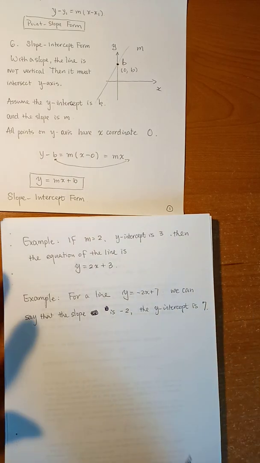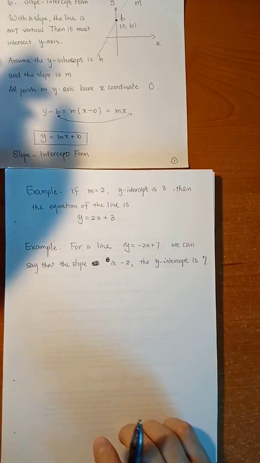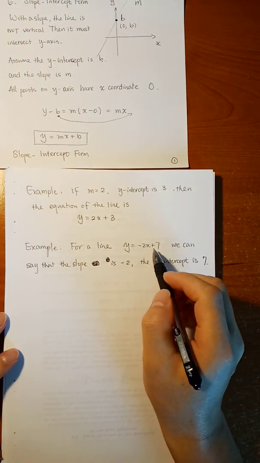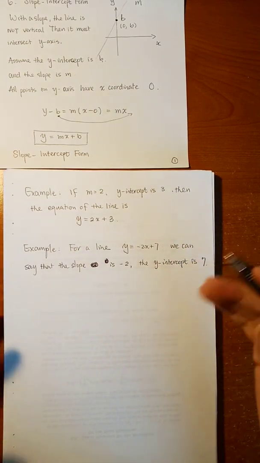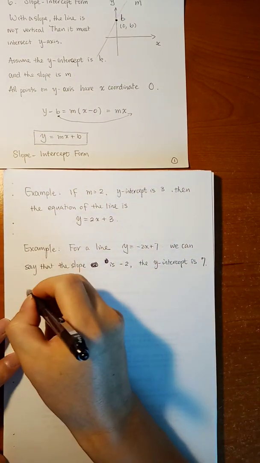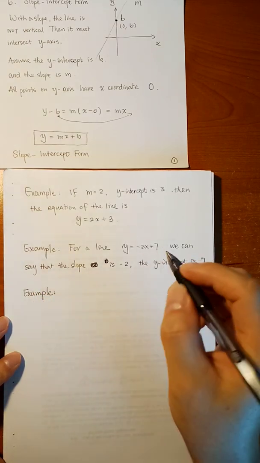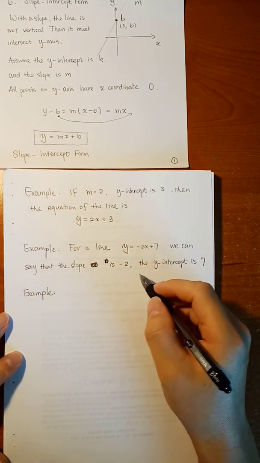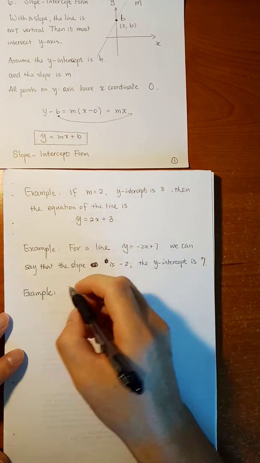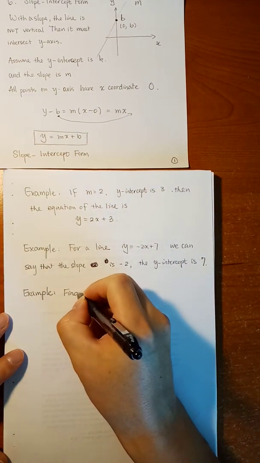And sometimes the equation may not be written like this, but you have to do some algebra to find the slope and the y-intercept. If it's written like this, everything will be straightforward. If it's not, let's see this.